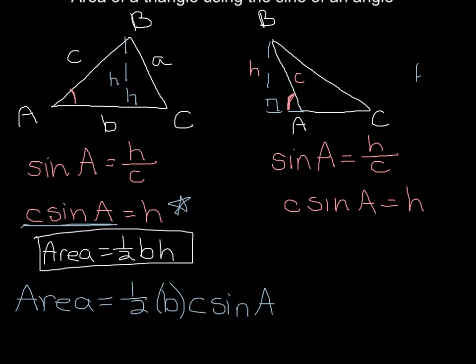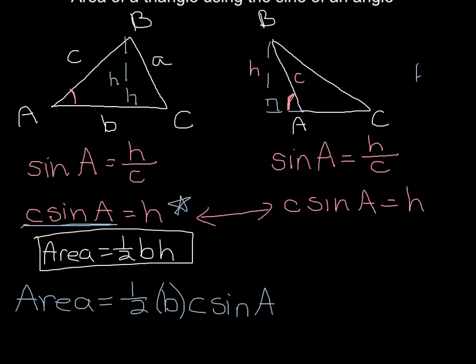So you notice it doesn't matter if our triangle has 3 acute angles or if it has an obtuse angle in it. We can still come up with an expression for the height by using the sine of one of the angles.